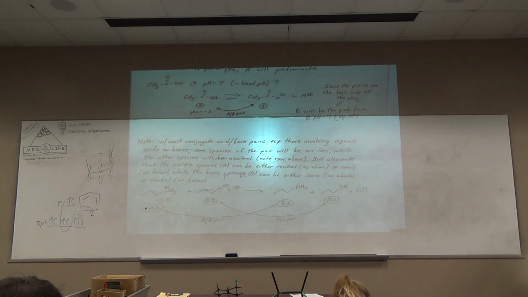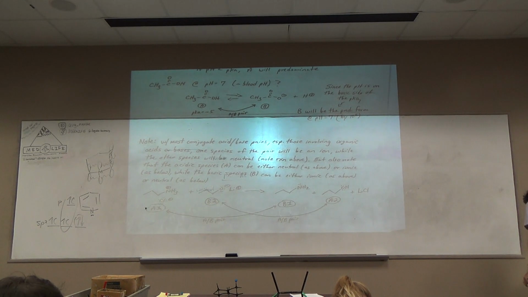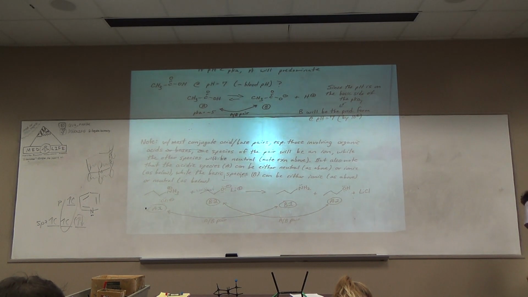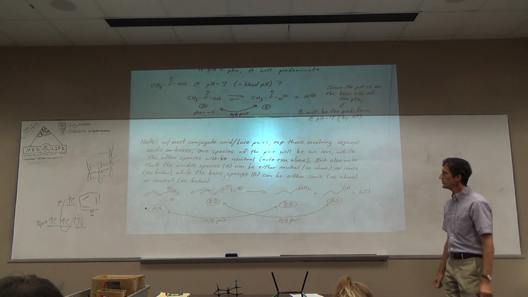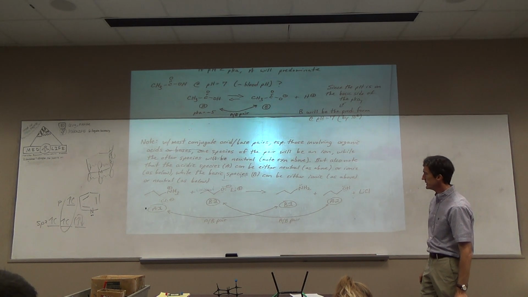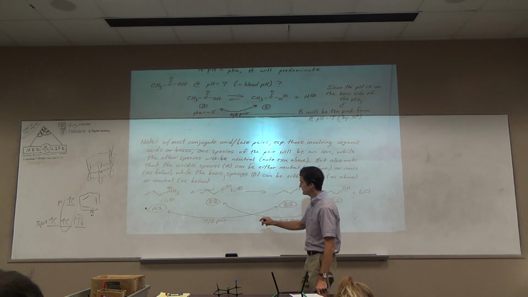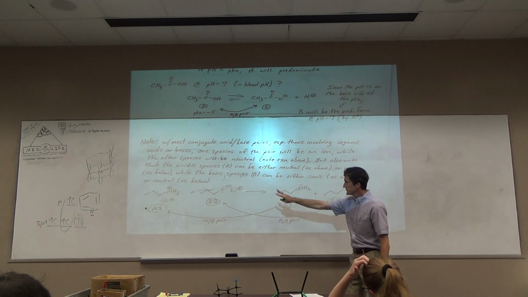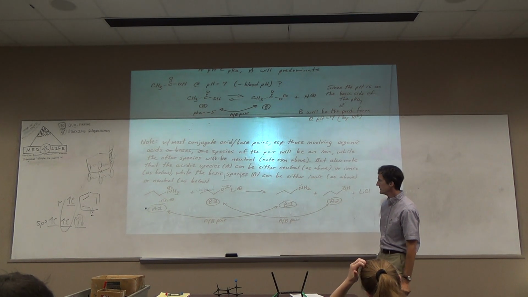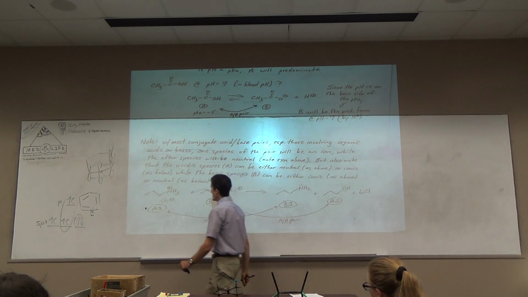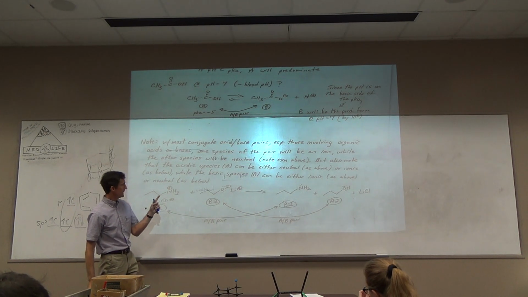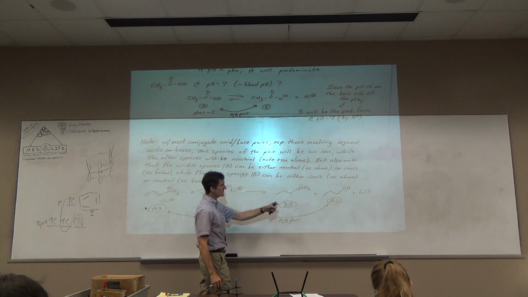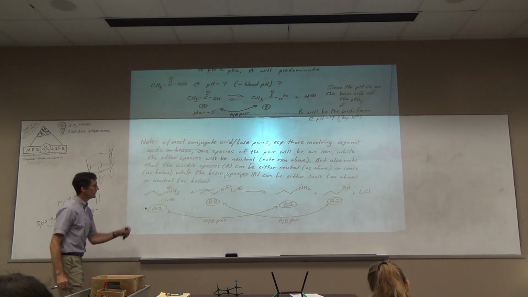Just some miscellaneous comments down here. You should know that already. You know the typical conjugate acid-base pairs. One is typically neutral, the other one's charged. It doesn't have to be that way. I reckon you could go from a minus to 2 minus, or something like that.